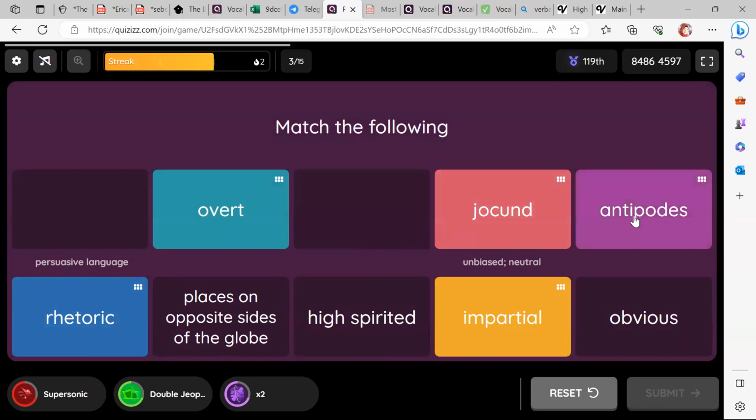Okay, if you look here at anti, it is a prefix that means opposing. So even if I don't know the meaning of antipodes, I can see that opposite is written here, and I know that this prefix can be helpful for me to know the meaning of this word.